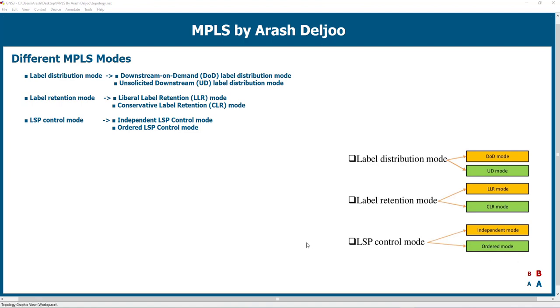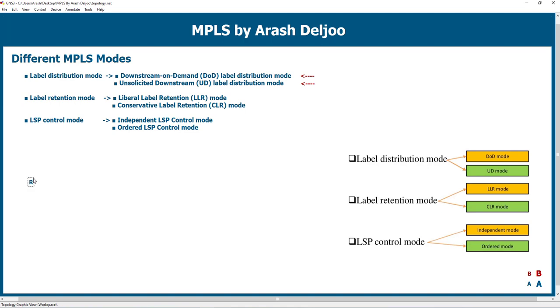Maybe you remember that we have label distribution mode in two forms in MPLS. The first is Downstream On Demand or DoD label distribution mode, and the second is the Unsolicited Downstream or UD label distribution mode. Let's review these topics first, and then we can go to the other MPLS modes.